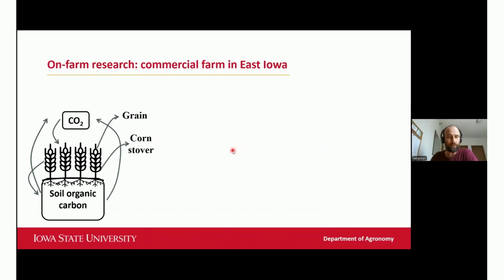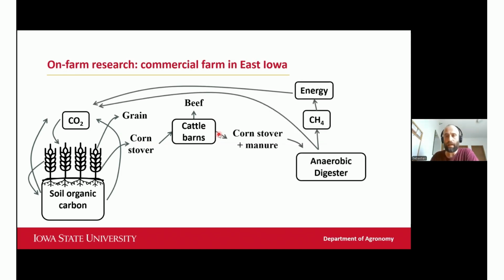In this system, the corn stover is harvested and goes to the cattle barns to be used as bedding for the cows. And here in the cattle barns, they produce beef. And then the corn stover plus the manure go to the digester to produce methane and energy.